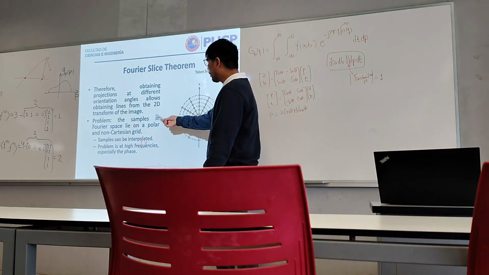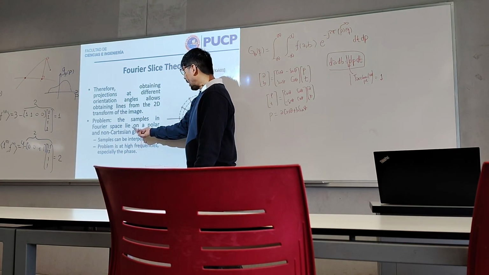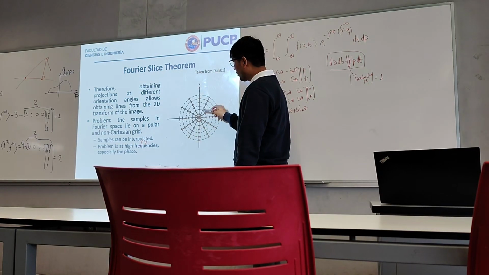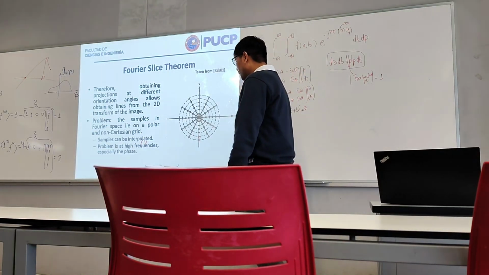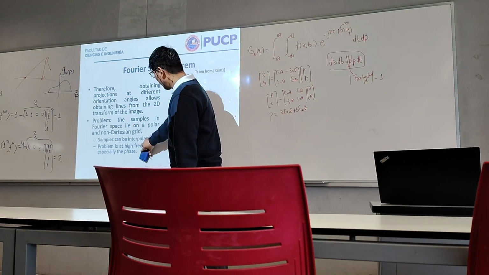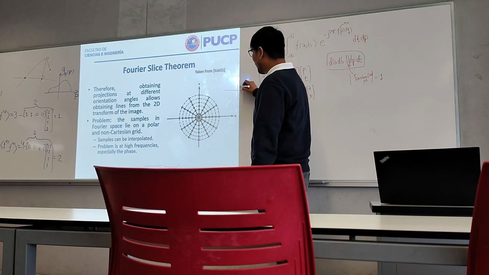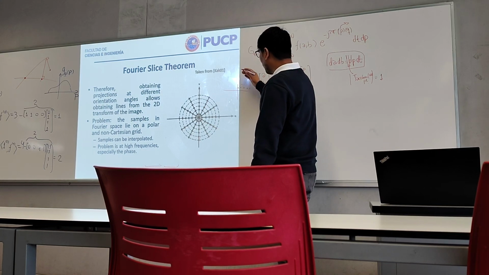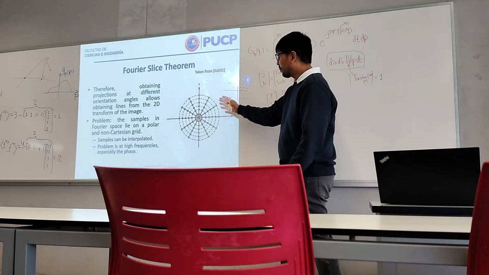And the problem is that the samples in Fourier space, in u v, are in a polar grid, in a non-Cartesian grid. It's like a polar form, right? But for F(u,v), ideally we would like to have Cartesian coordinates, like values like this. Same in this animation, but here more like polar.